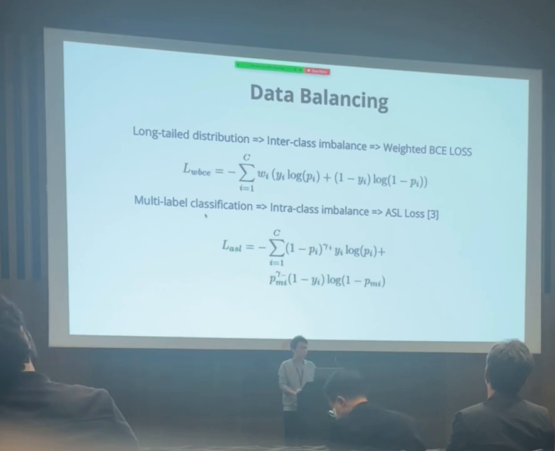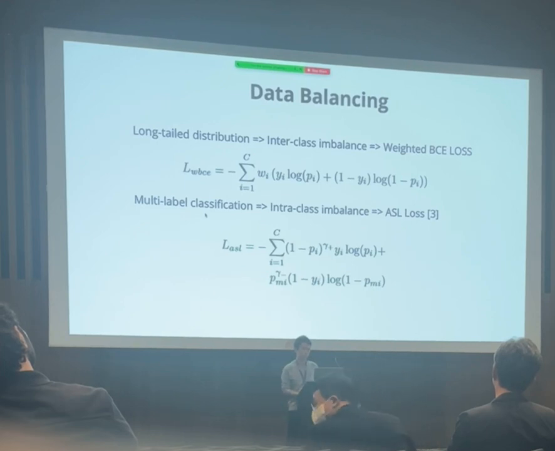So ChexFusion was an example of addressing the multiple view problems existing in medical images. But there are also questions about how we address multiple labels and long-tail distributions. One problem that we addressed was data imbalance, and we identified two types of data imbalance in this setting. The first is interclass imbalance, which is mainly caused by the long-tail distribution of the classes.